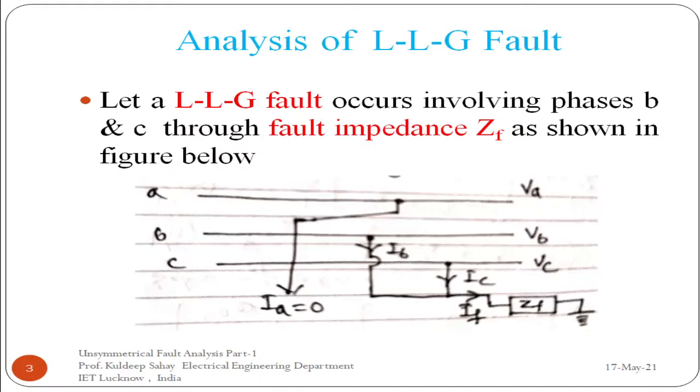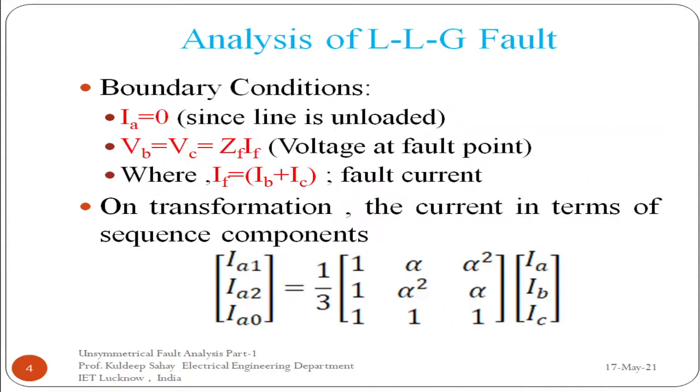So the fault current in this case is IF, while VB and VC will be equal because they are short circuited, and IA is 0 because there is no issue with phase A. So the boundary conditions are IA equal to 0, VB equal to VC, and fault voltage VF equal to ZF into IF.